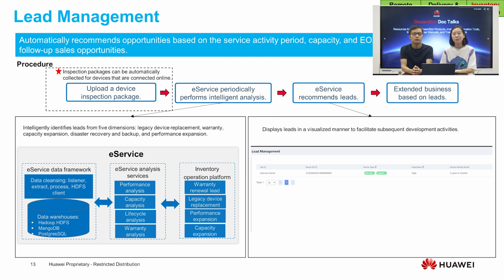Currently, the intelligent lead management function is available on the eService partner portal. Based on the O&M data of connected devices, eService can comprehensively analyze device bottlenecks from the following perspectives: performance, capacity, lifecycle, and warranty, and can intelligently recommend leads related to warranty renewal, legacy device replacement, performance expansion, and capacity expansion.